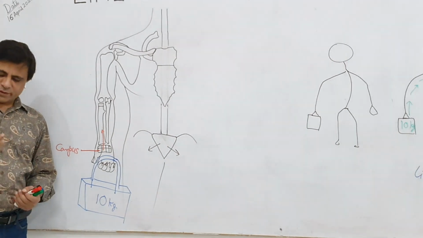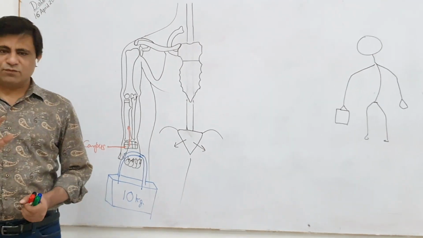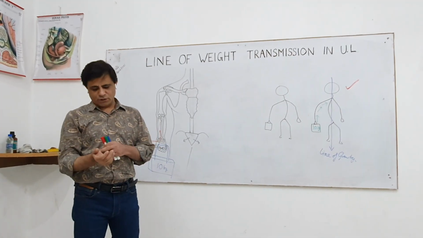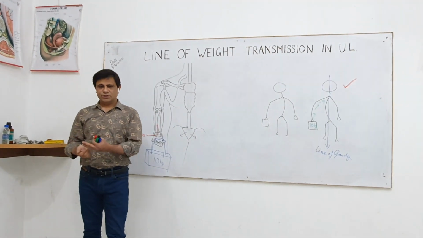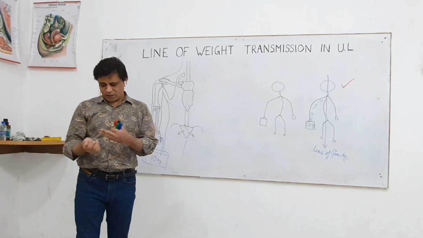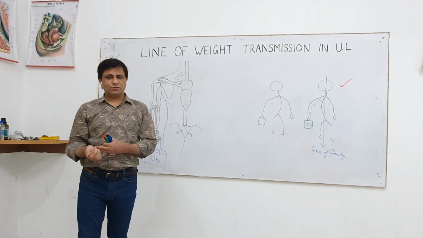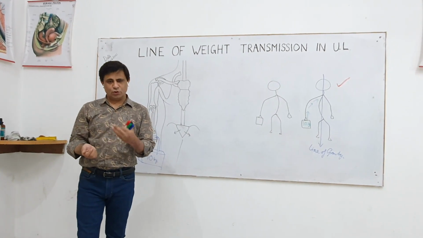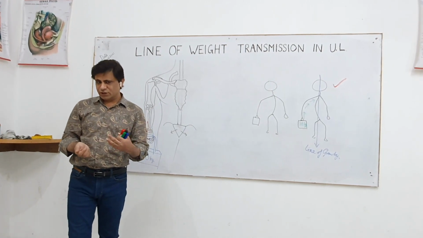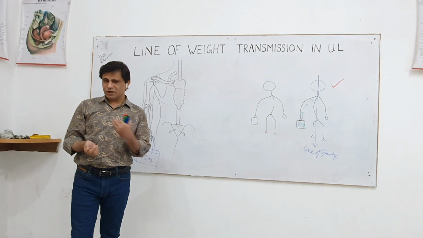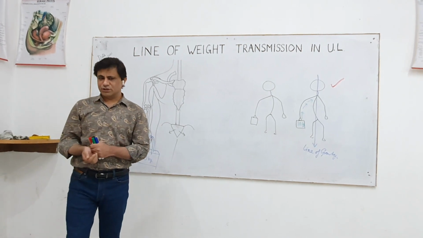Why? Because the wrist joint is made up of 4 bones. The distal end of the radius articulates with the scaphoid and lunate, and the triquetral is also a part of this joint. Although the ulna does not articulate with the triquetral because of the intra-articular disc that separates the ulna from participating in this joint. So there are 4 bones.